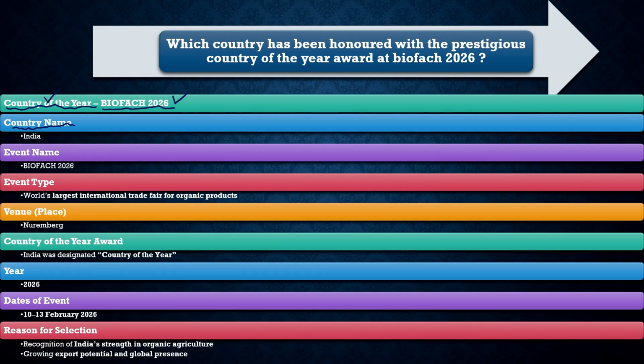Event name we've already mentioned, and event type: world's largest international trade fair for organic products. Very important, this one. Where it happened, the place: Nuremberg.